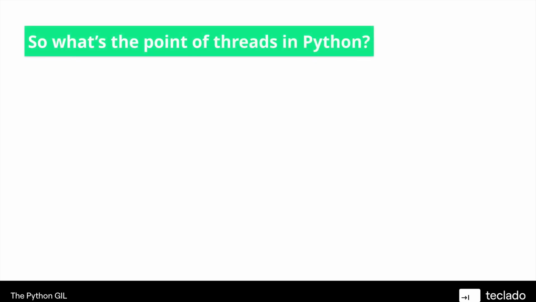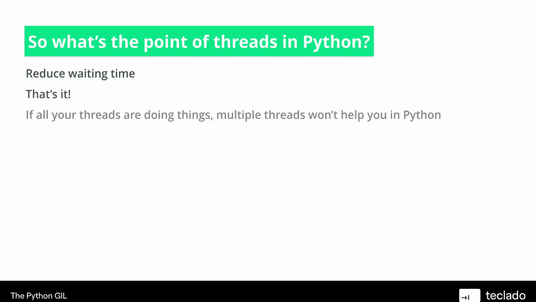So, going back to the point of threads in Python: it is to reduce waiting time. If all your threads are doing things in Python, if all your threads are using your CPU, your processor, multiple threads is not going to help you in Python. Okay, because Python doesn't do very well at running things in parallel.